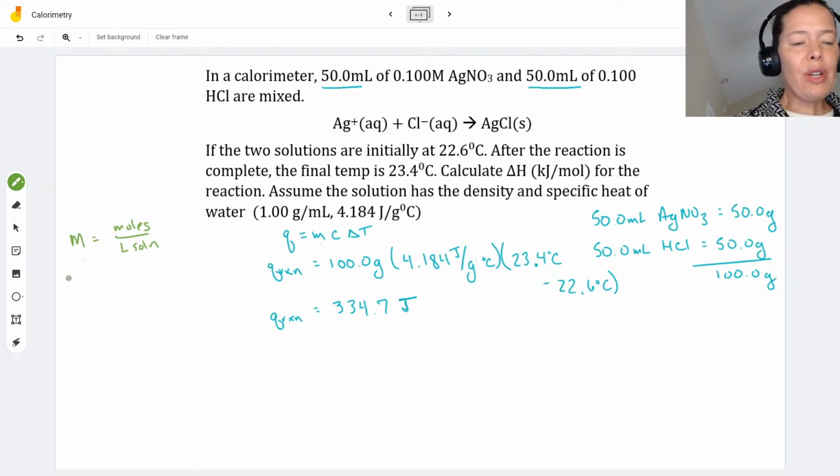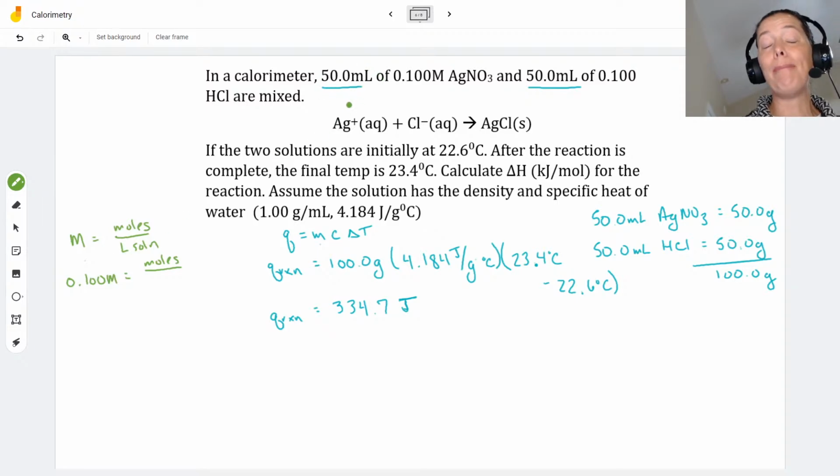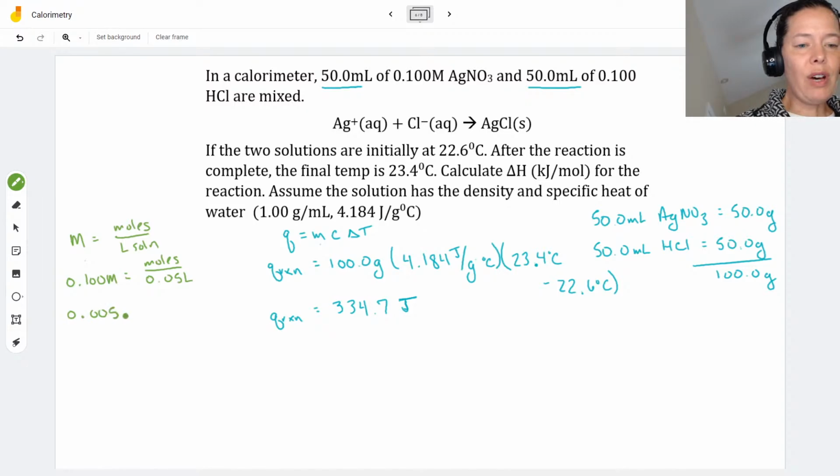For silver nitrate, my concentration is 0.1, and I am getting moles, over liters of solution. Now, be careful, that's liters of solution. They gave me milliliters, so make sure you do a quick conversion to liters. And that is going to give me 0.005 moles of silver nitrate.